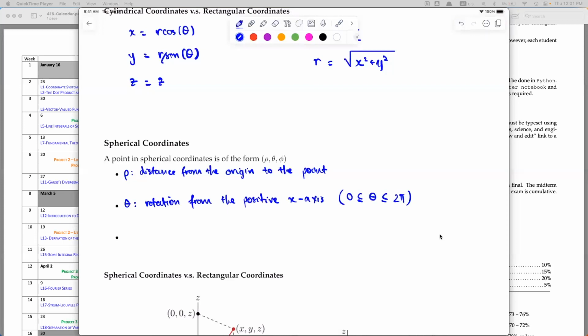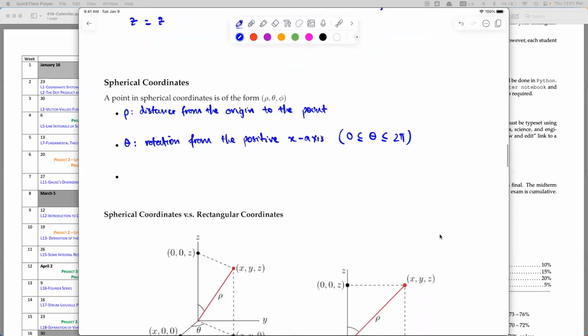And phi is the rotation from the positive z-axis, and phi is restricted between 0 and pi only.